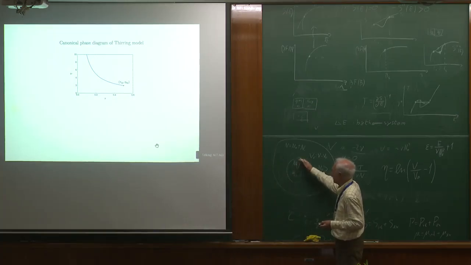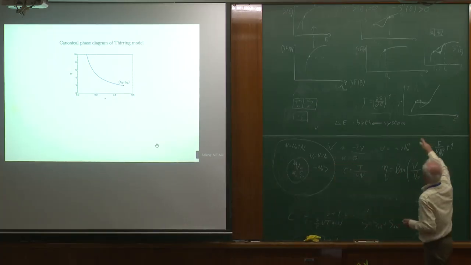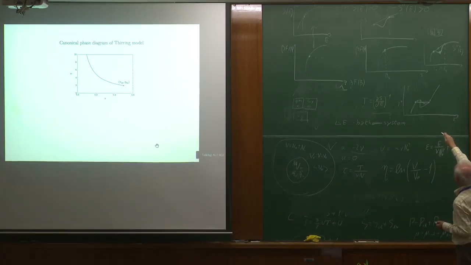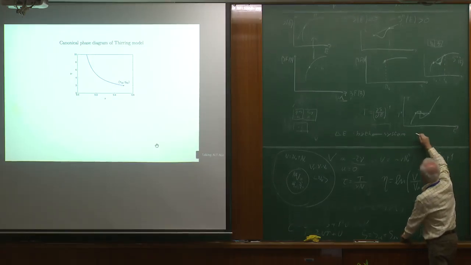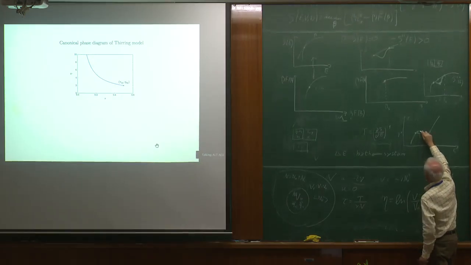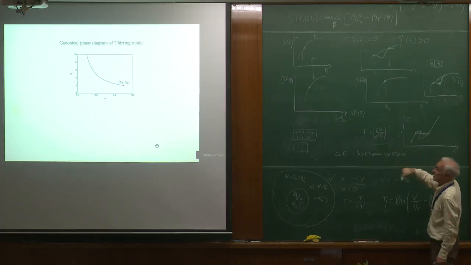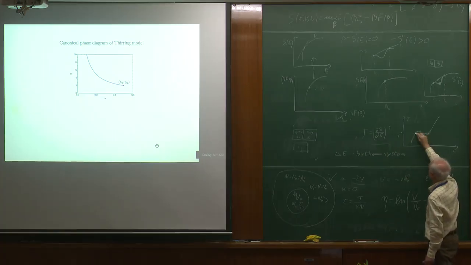You have a jump in the number of particles, but what happens is the same as there. Instead of having, in the microcanonical case, a jump in temperature at a given energy, for the canonical first order transition you have a jump in energy at a given temperature.